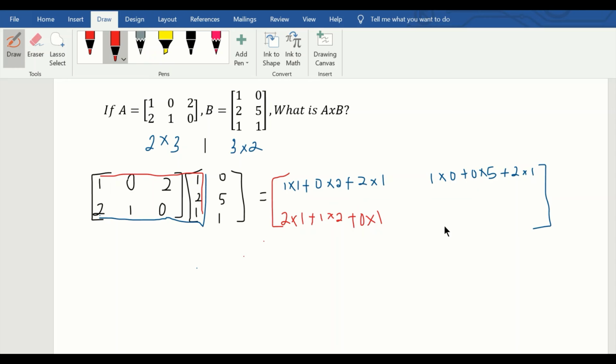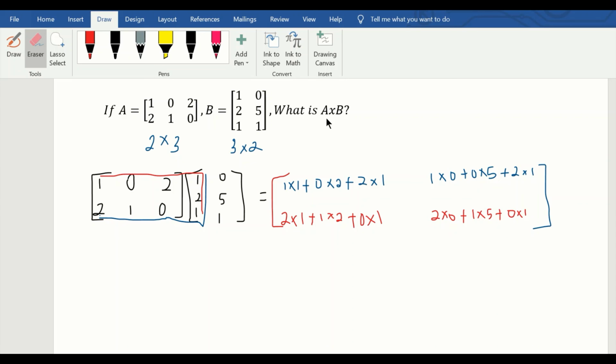All right, so for the last element it is 2 times 0 plus 1 times 5 plus 0 times 1. So basically all we are saying is that when we multiply matrices, we multiply the row of the first matrix by the corresponding columns of the second matrix.